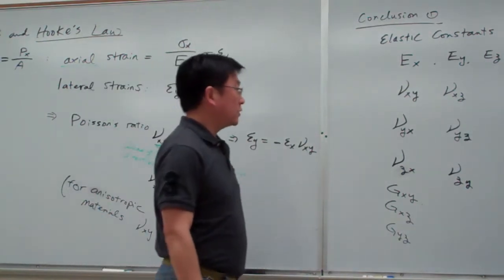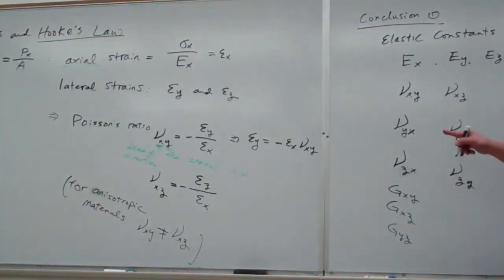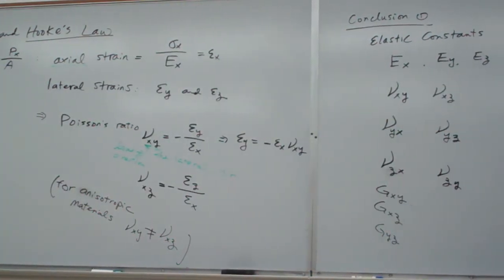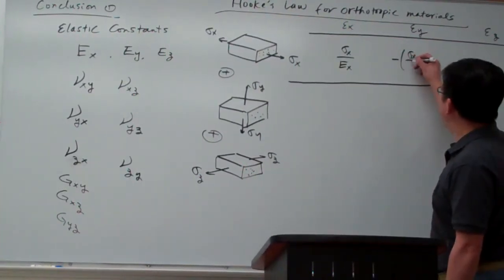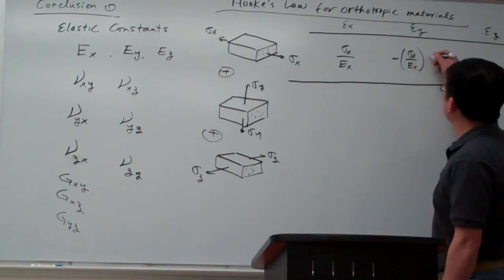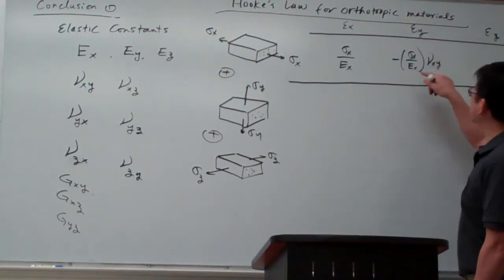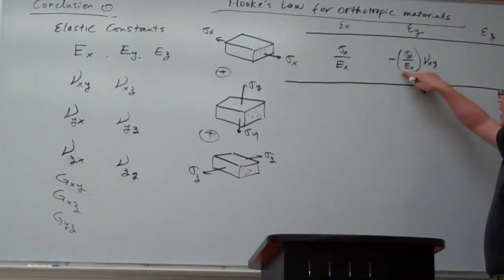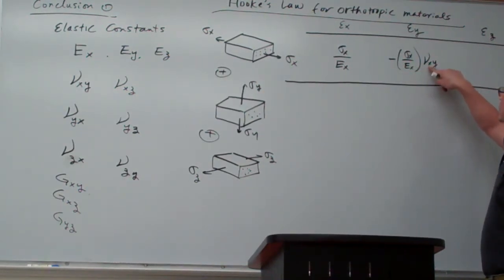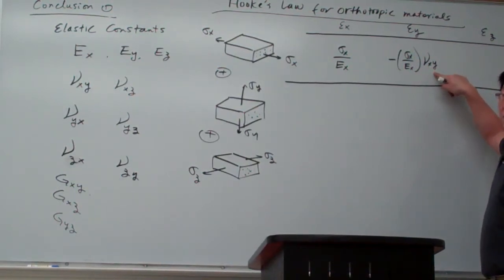Okay, let me rearrange in this way. So basically this is equal to the strain in the x direction times mu xy. So basically this is the axial strain, and the axial strain is multiplied with the Poisson ratio, axial direction x with the y component.